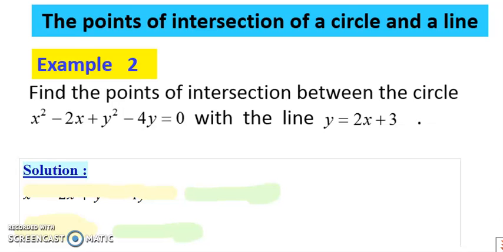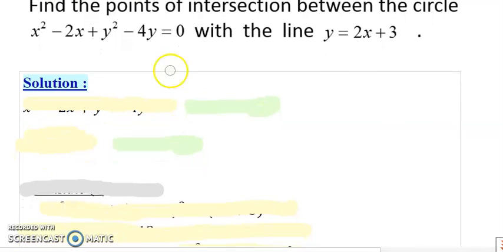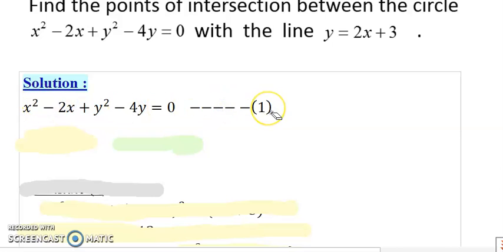To solve these examples, I will begin my solution by first writing down the equation of the circle and stating it as equation number 1.